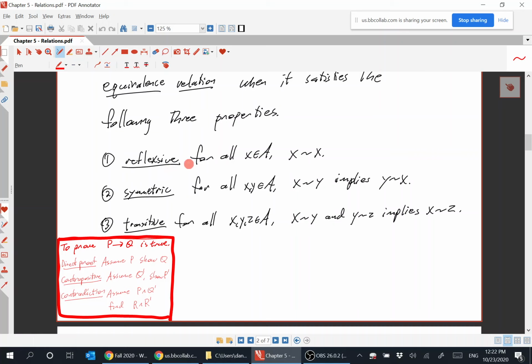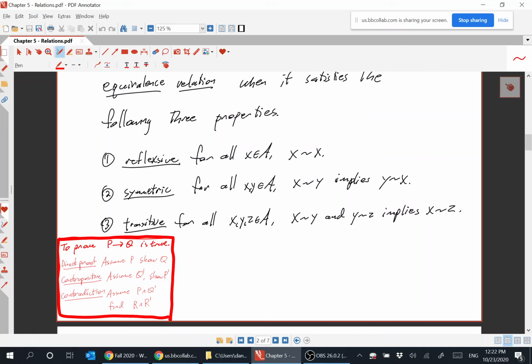Reflexive: every x is related to itself. Symmetric: the order of the relationship doesn't matter. When you say x is related to y, it's the same as saying y is related to x. That's not always true, but for equivalence relations, that's one of the requirements.